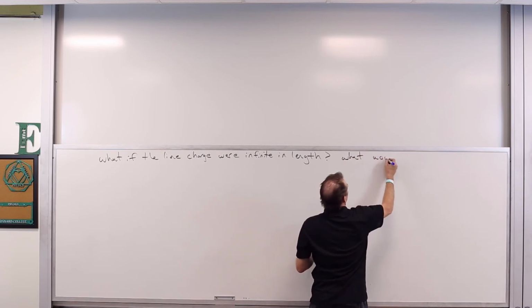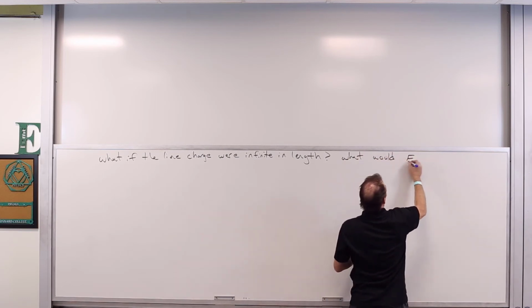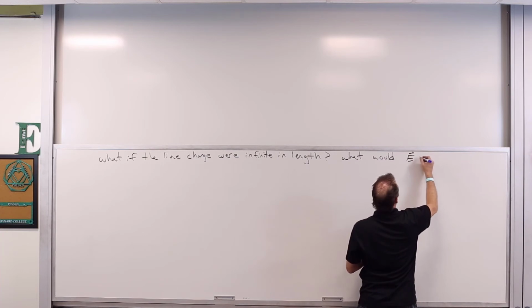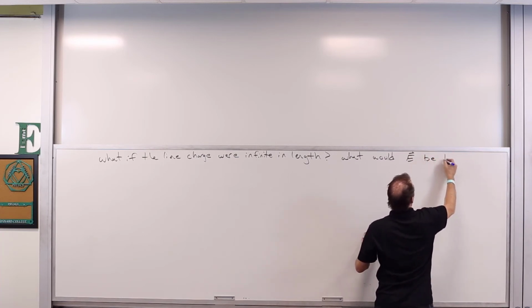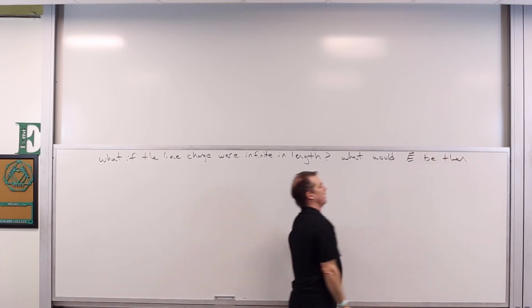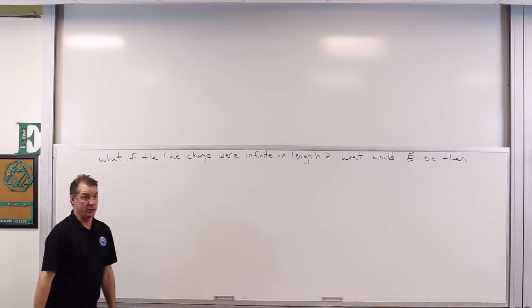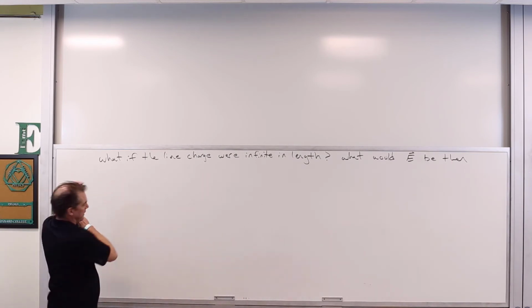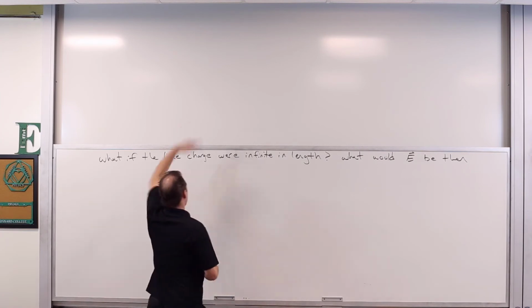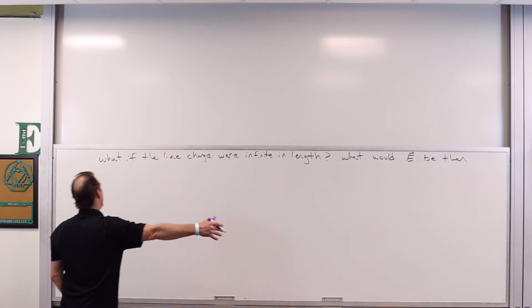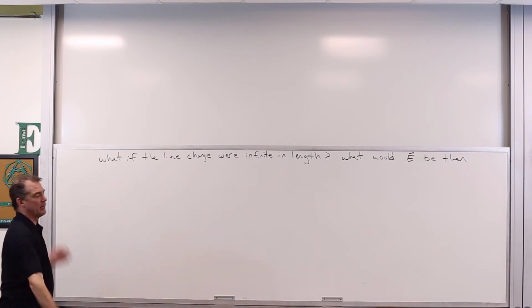What would E hat be then? And once it's infinite, it's kind of constrained to being either, if it's infinite in the x direction, above or below it, or infinite in the y direction, to the right or to the left, we have to be on either side of it.